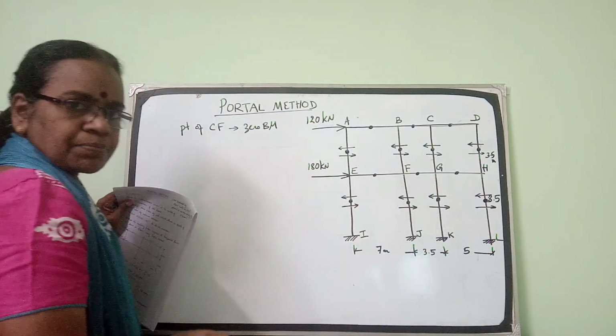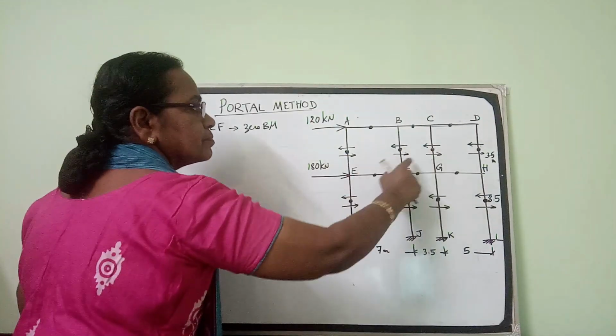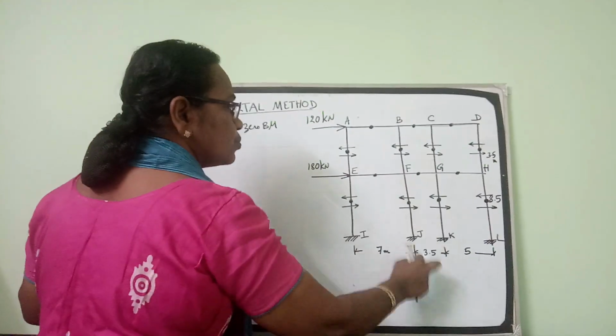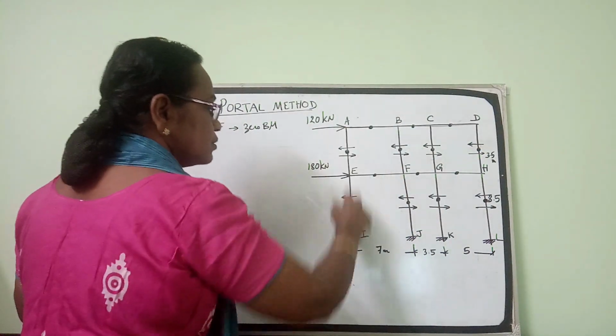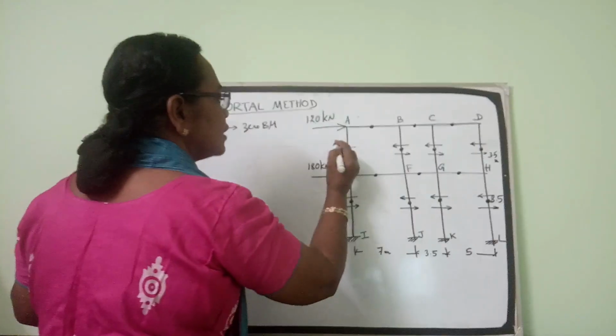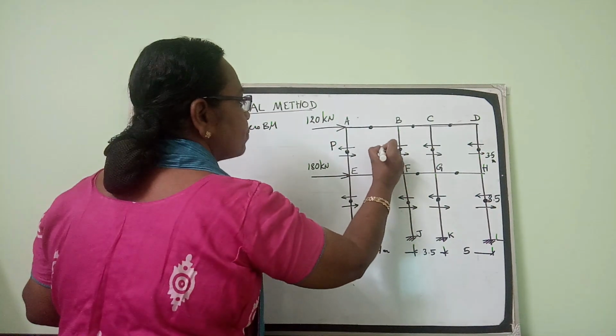I have marked it. The second assumption is about the horizontal shear force in the inner columns. So these two are inner columns. These are the outer columns. The horizontal shear in the outer column, say if it is P, that in the inner column will be 2P.